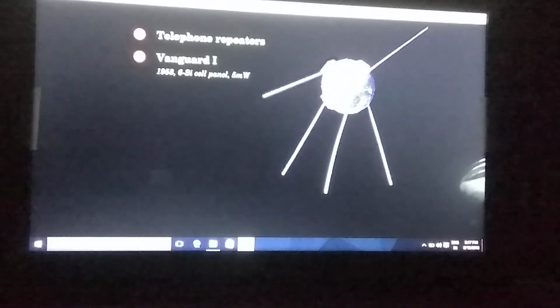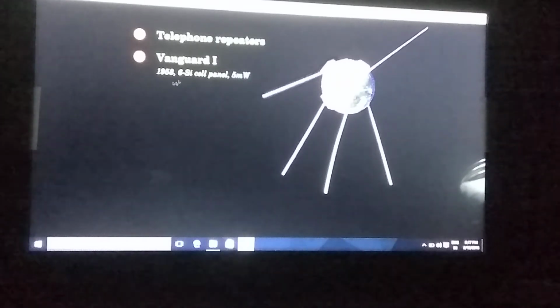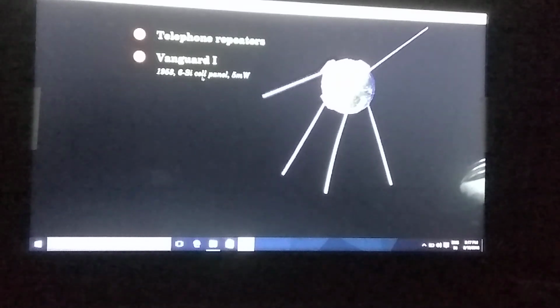The early solar cells were used for telephone repeaters, and the earliest popular application was space application. The Vanguard 1 satellite in 1958 was launched with 6 silicon cell panels having a power of 5 milliwatt.